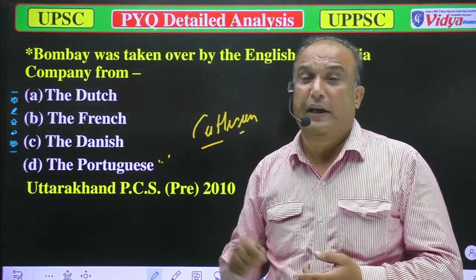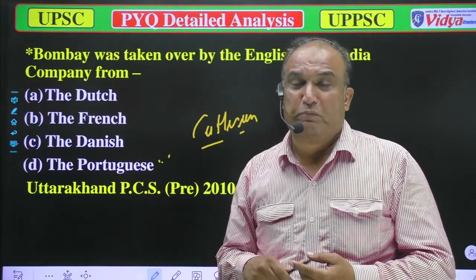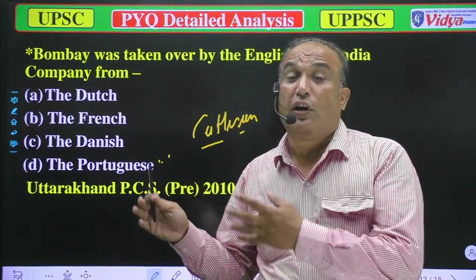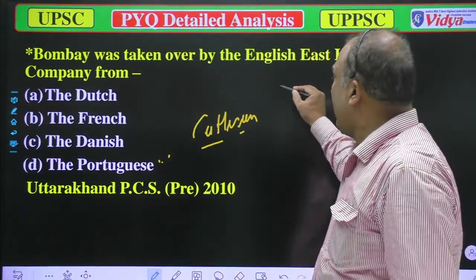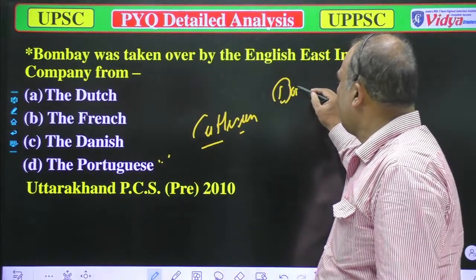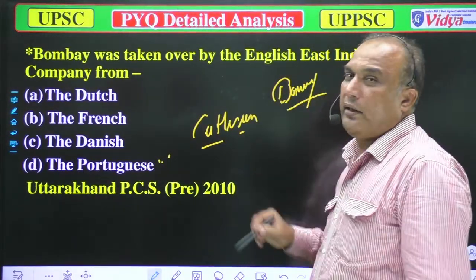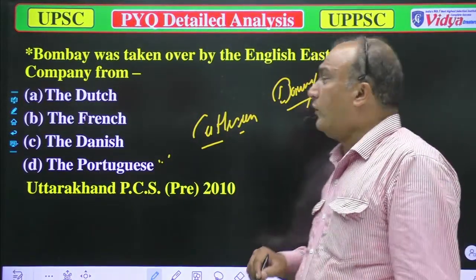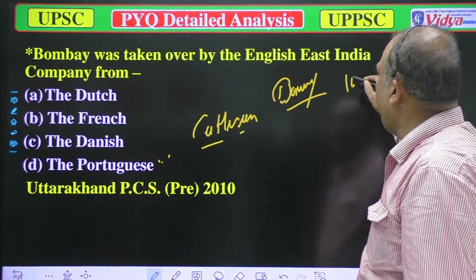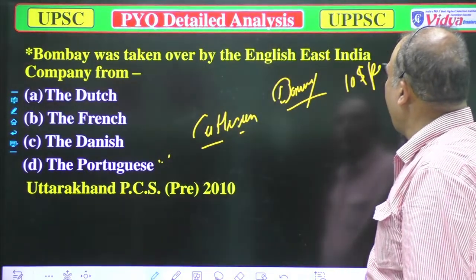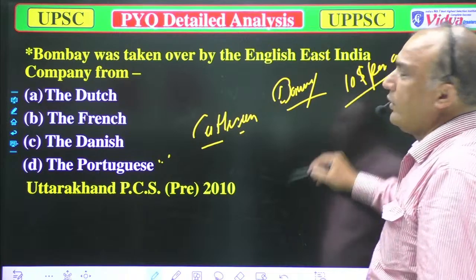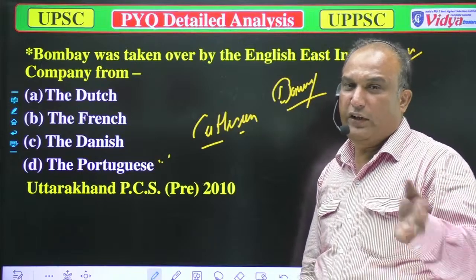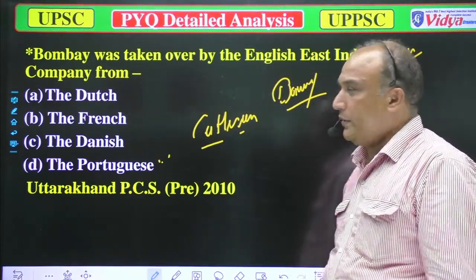When she got married to the British prince, the British prince got Bombay as a dowry, and that prince surrendered Bombay to the East India Company for 10 pounds per annum. So later, Britishers got control over Bombay. That was the dowry settlement.